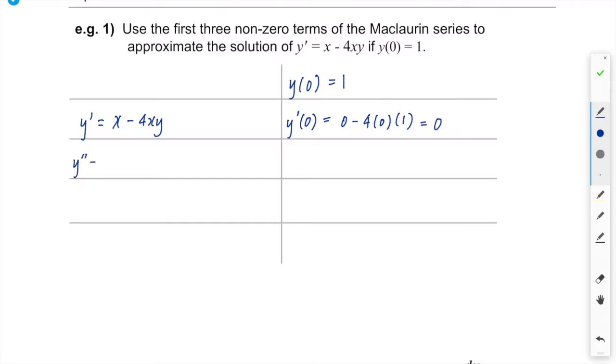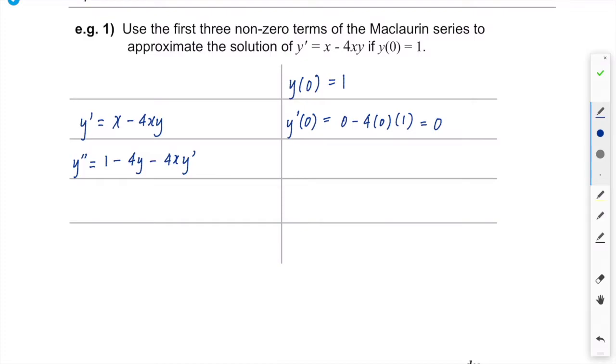Okay? So now y double prime. We're going to take the derivative of y prime. So dx by dx, 1. Minus 4xy, which is product rule. So we're going to have minus 4 times 1 times y, 4y, and then 4x times the derivative of y, but there is a minus in front of this term, so this becomes negative 4x y prime.